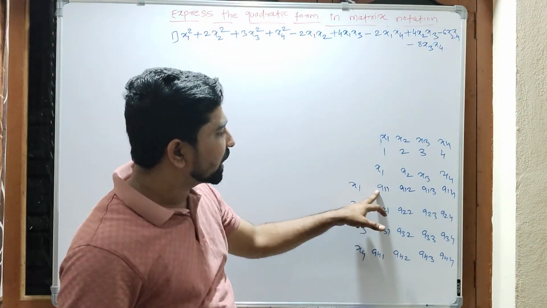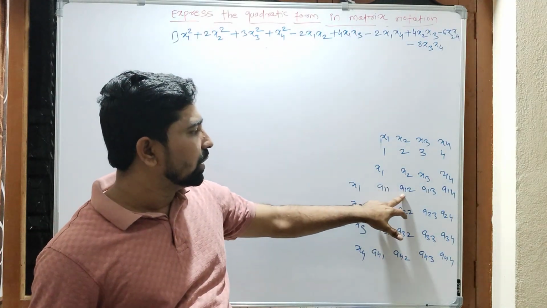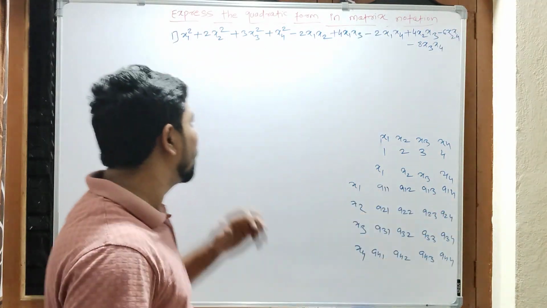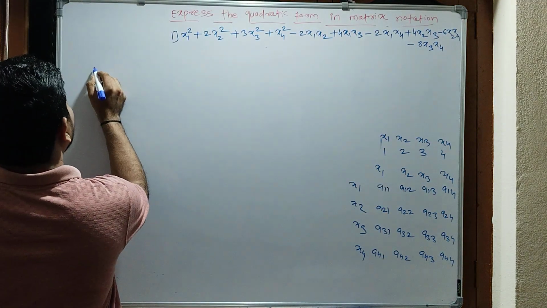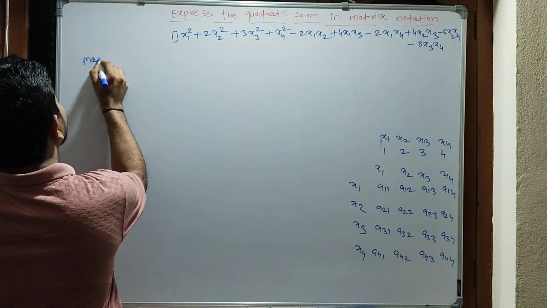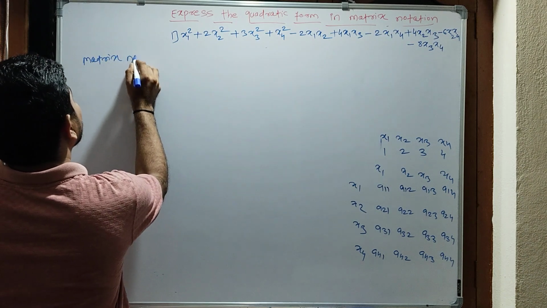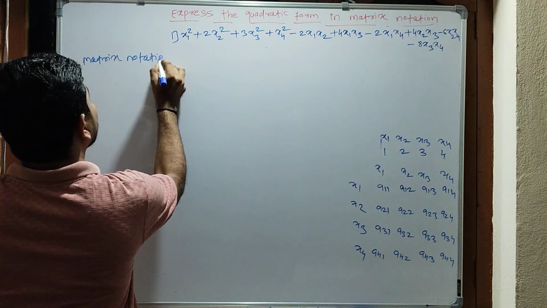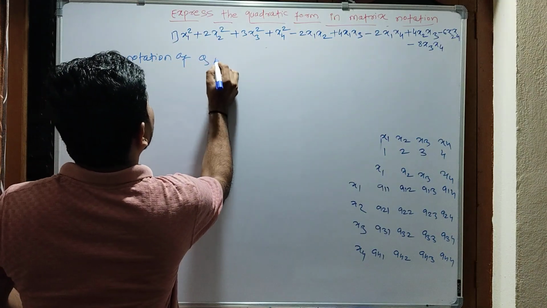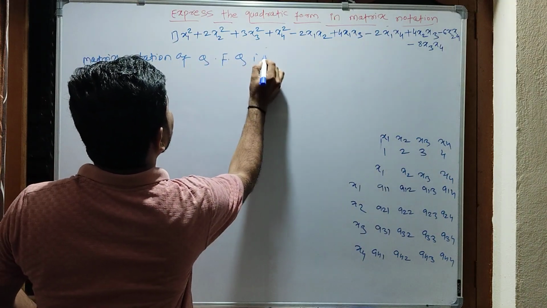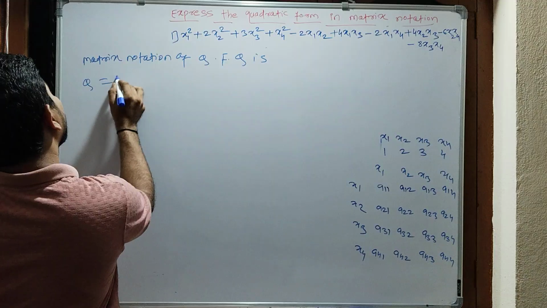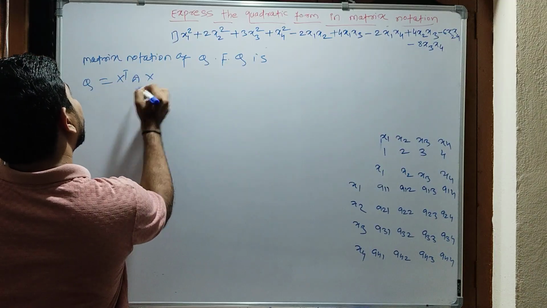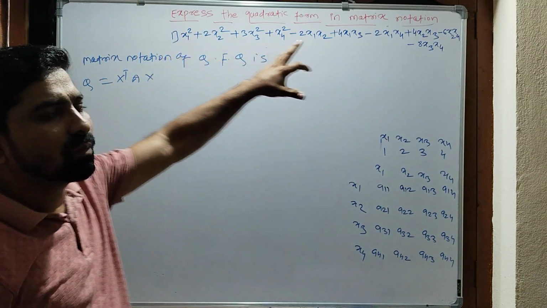The first row, x1 remains the same: a11, a12, a13, a14. The matrix notation of the quadratic form Q is Q equal to x transpose A x. The number of columns is 4.